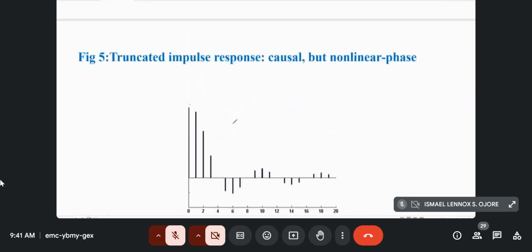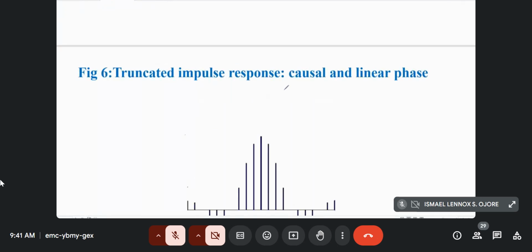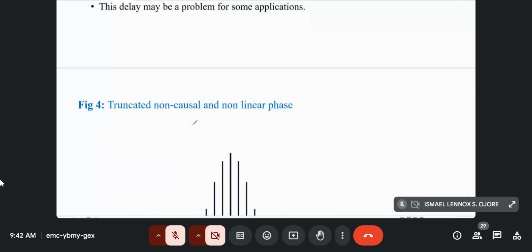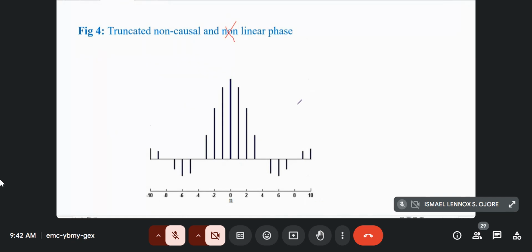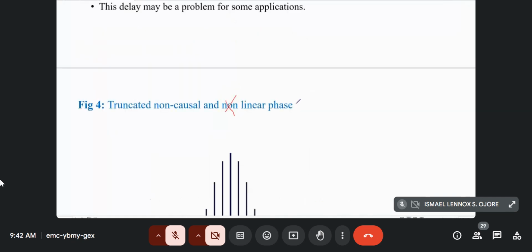This one is causal but non-linear, and this is causal and linear. This is non-causal linear phase. It's already in that format. It's non-causal but linear.